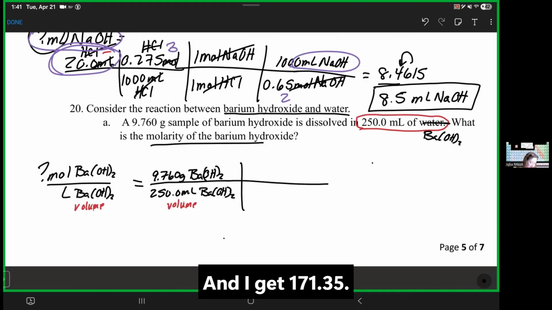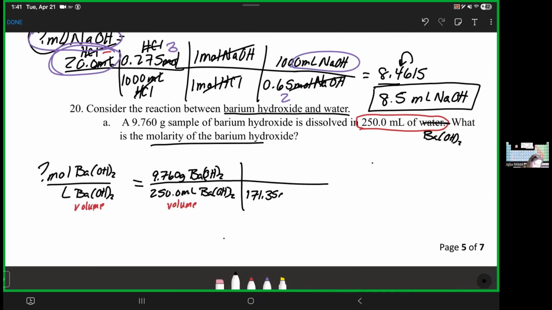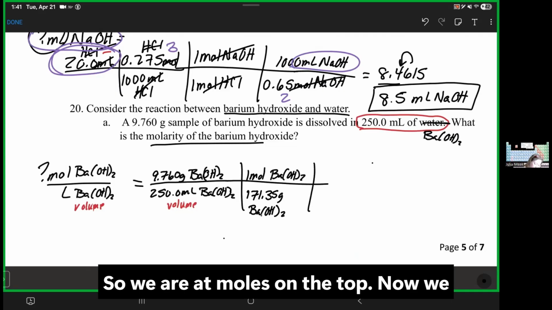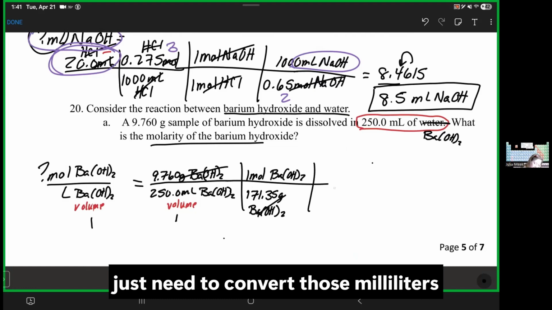And I get 171.35 total. So we are at moles on the top. Now we just need to convert those milliliters into liters.